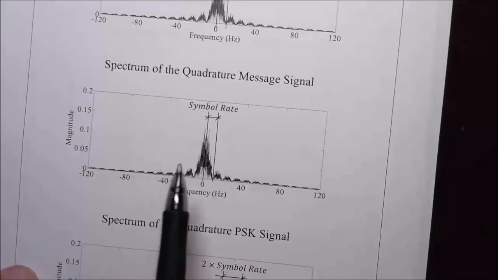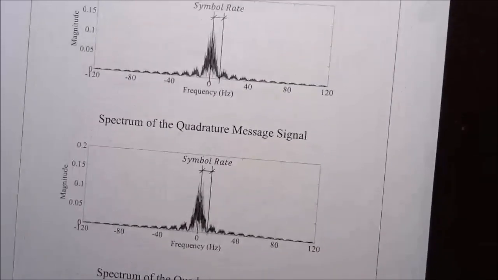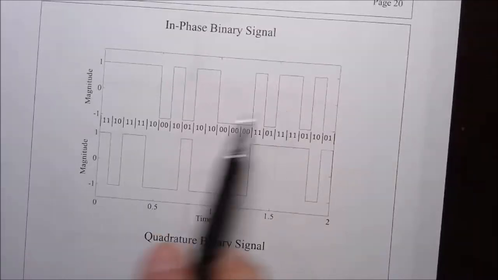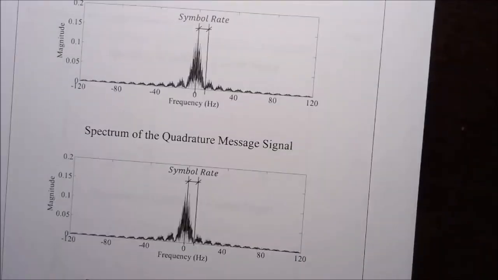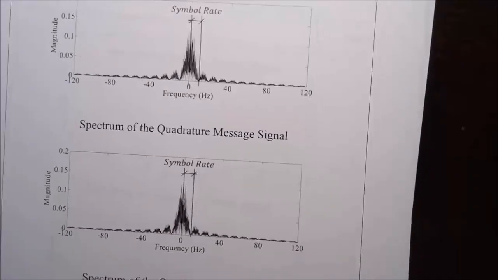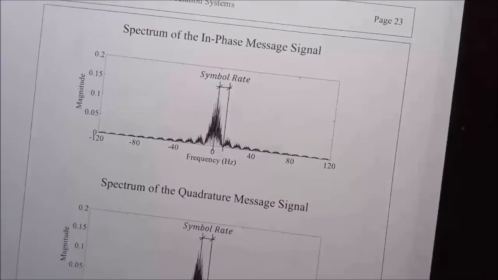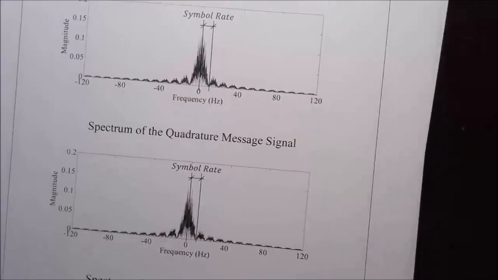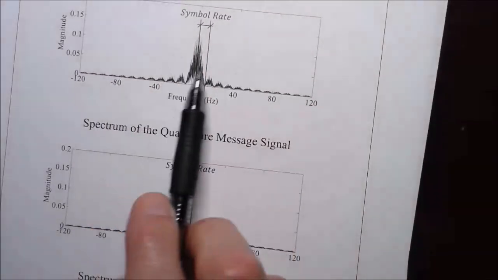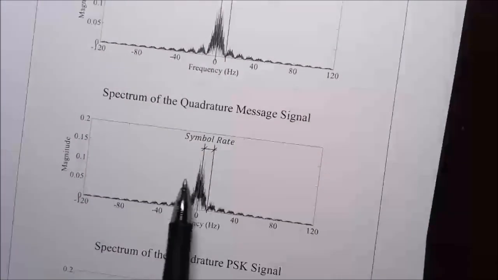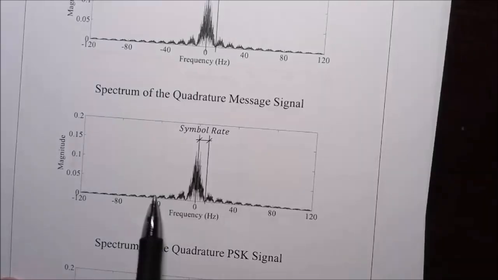If we look at the spectrum of the quadrature message, it looks exactly the same as you would expect because they are both random binary streams. So it's got the same shape. Now the total modulated signal will have this spectrum shifted to the carrier frequencies, and this spectrum will also be shifted to the carrier frequencies with different phase angles.